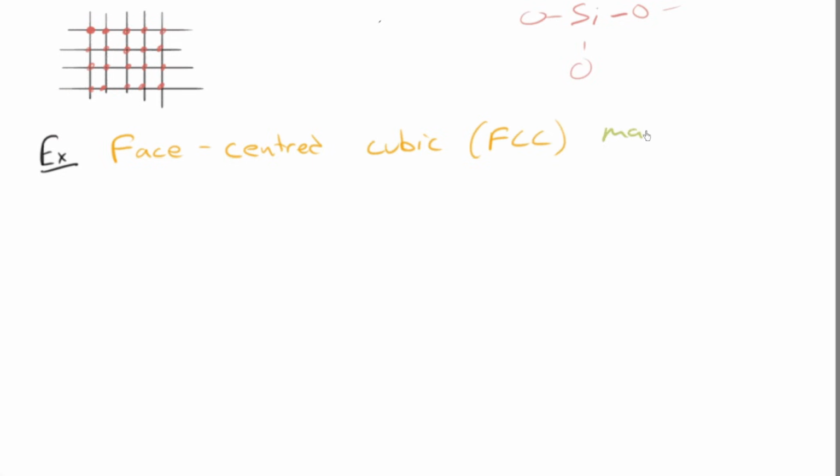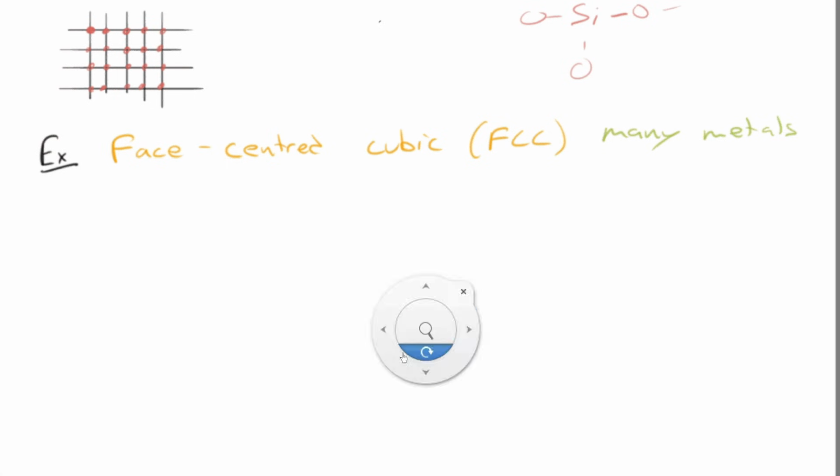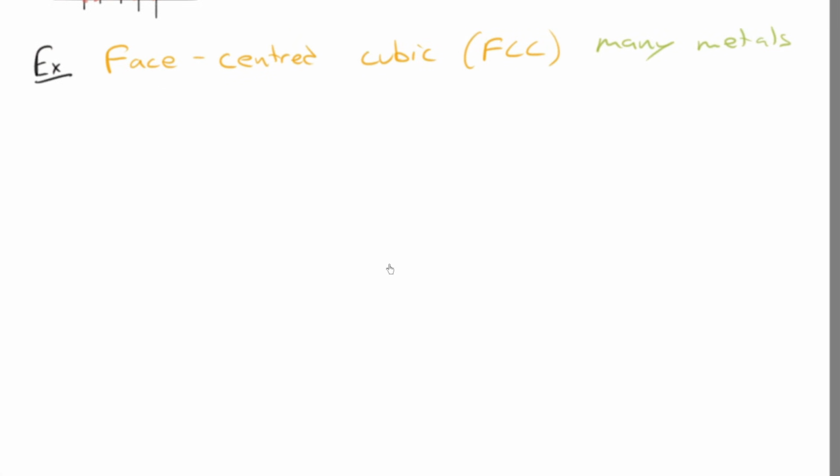Well, many metals have this arrangement of atoms, and it's also a good structure to become familiar with, because we're going to see that we can use it as a foundation for understanding some ceramic structures, some semiconductor structures, and some of the symmetry that we can learn in face-centered cubic shows up in organic molecules and stuff as well. So it's a really versatile structure to become familiar with.